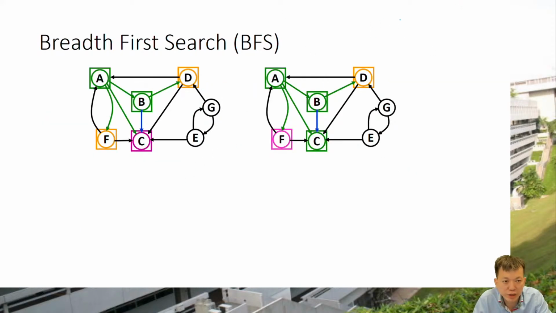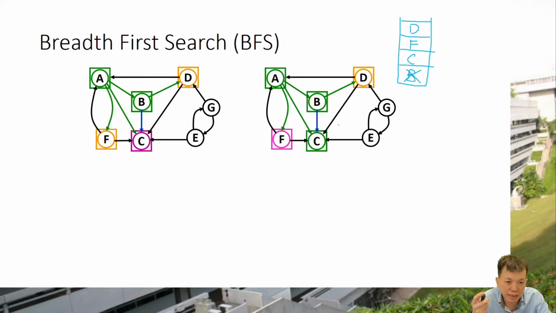You need to have a queue to store B, followed by C, followed by F. After you visit A, you know that it has three neighbors, B, C, F in alphabetical order. I will put B, C, F in the queue in this order. When I visit B, I find out that B has another neighbor, which is D. Then I will enqueue D into this queue.